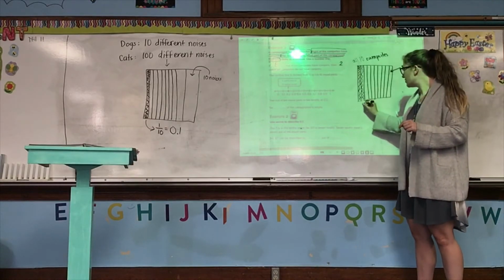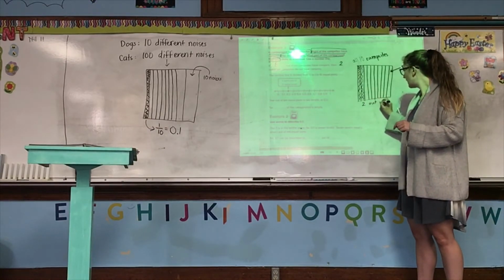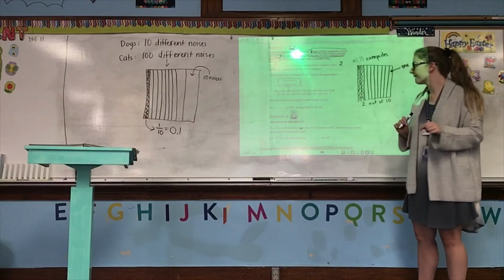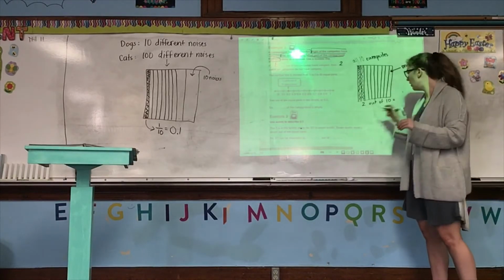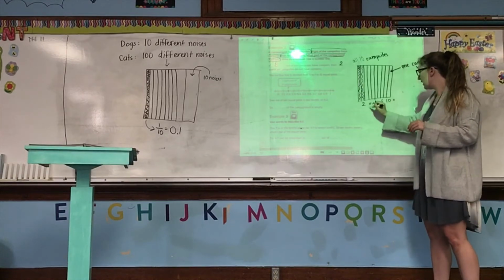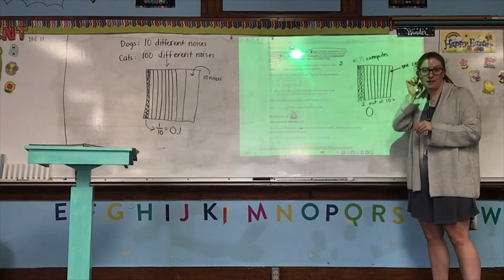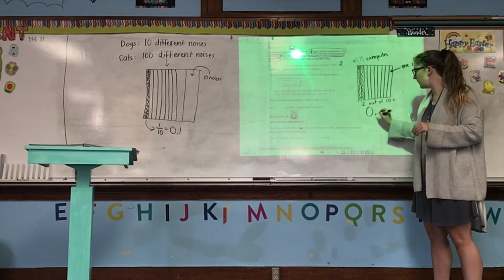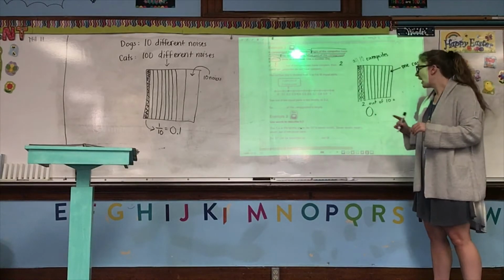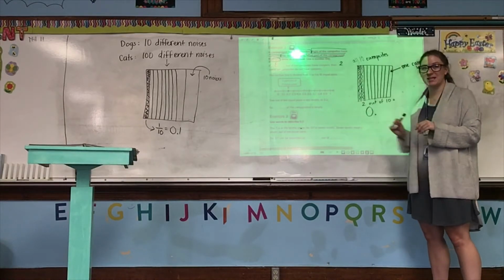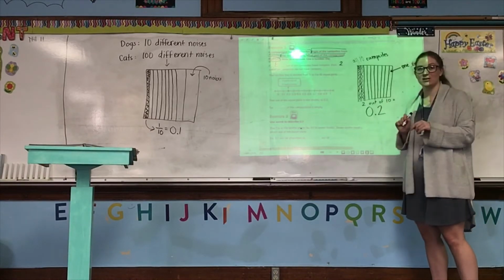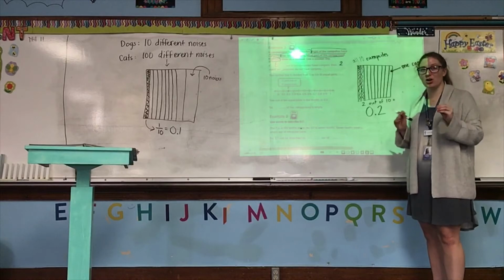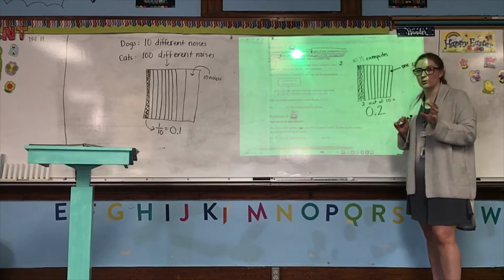Now I have 2 out of 10, which looks like, we know there are no wholes, so I'm going to put a 0 in my ones place. We know that a decimal point comes after the 0. And we know that we have 2 out of 10, which is the same as 2 tenths. So we put a 2 in our tenths place. There are no hundredths, so we don't put anything at the end.